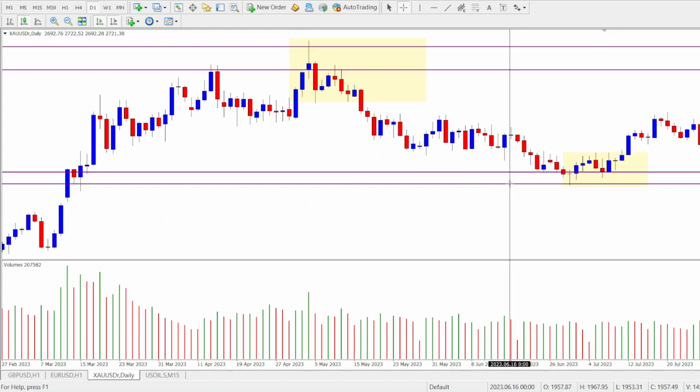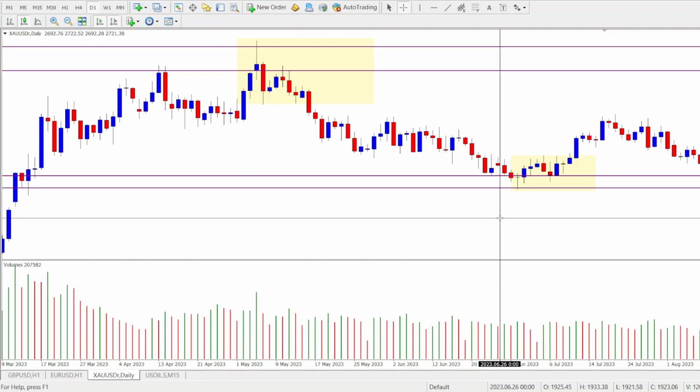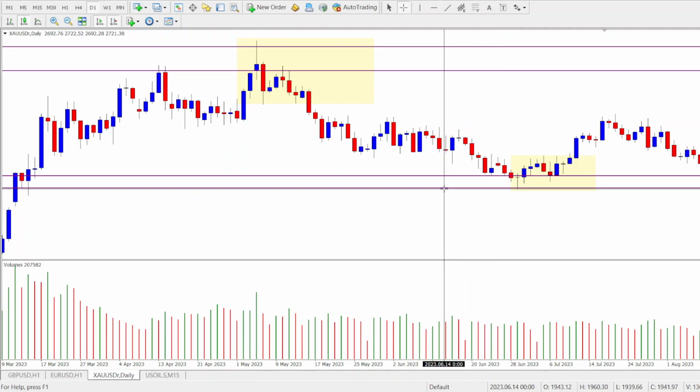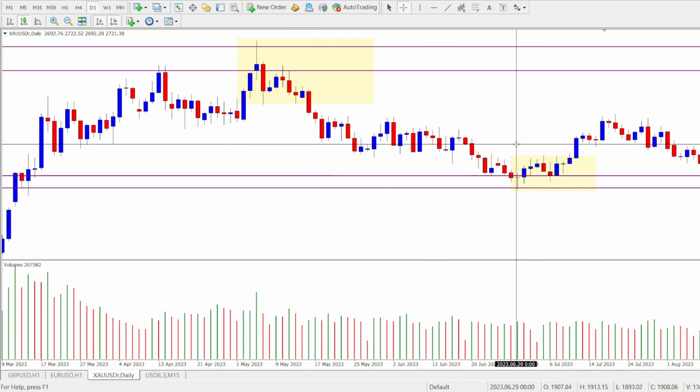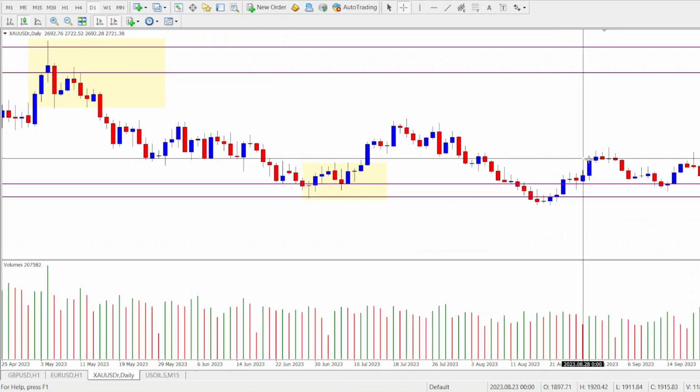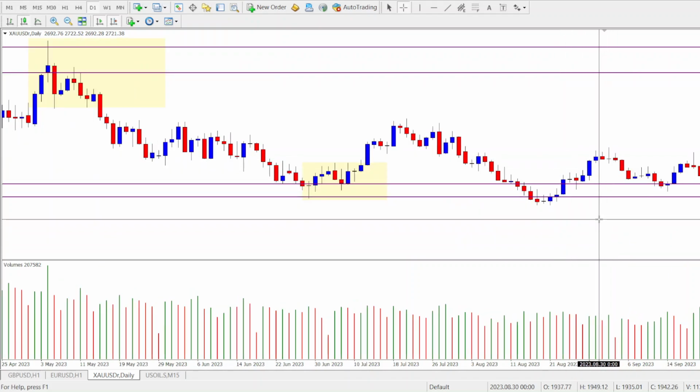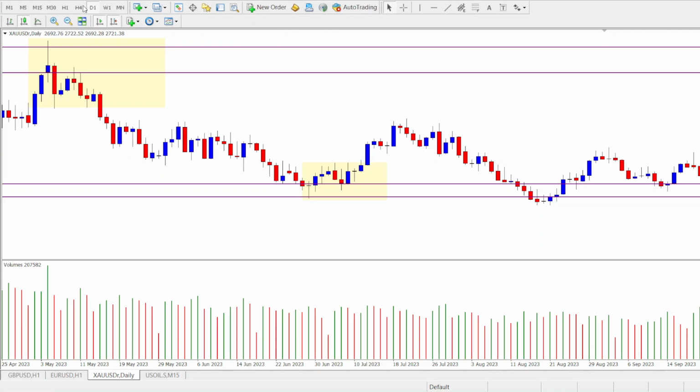You might want to look for rejections or strong momentum in the opposite direction to confirm the zone's validity. If price breaks through a supply or demand zone, it may indicate a potential trend continuation. So when you have a breakout, you can look for new supply or demand zones formed after it, like we have another around here.